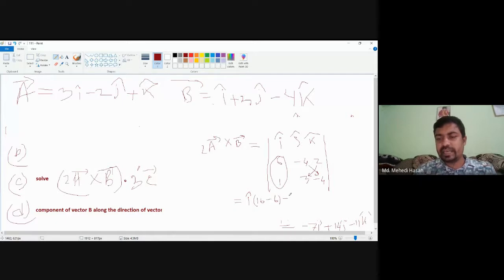In case of j, if you take plus j, then you have to do the reverse. If you take minus j, then you can go in the same sequence. So in case of j, this part will be considered. So multiplication of these two will give you minus 24, and then multiplication of these two will give you minus 2.